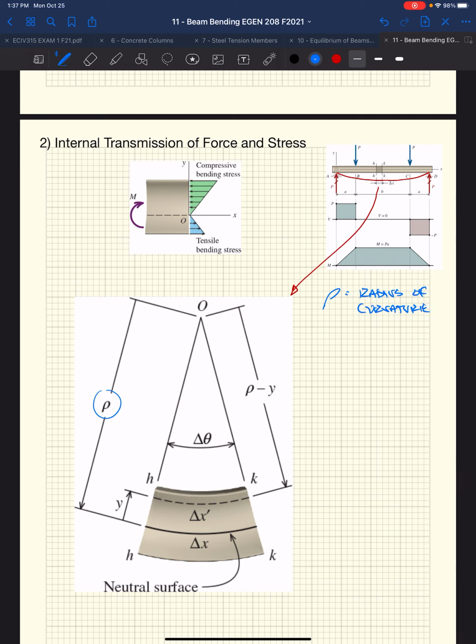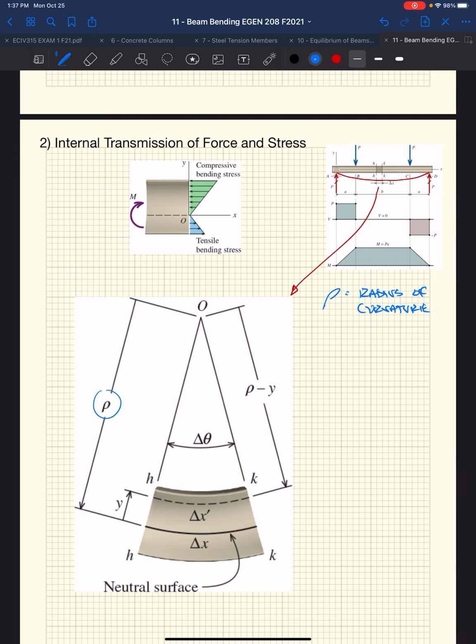So then we can relate how long each one of these lines is based on the angle and our radius. So that's what we're going to do. We're going to say now that delta x equals the radius of curvature times delta theta, which is essentially the original length. If we go back up here, L here, that's this L here.